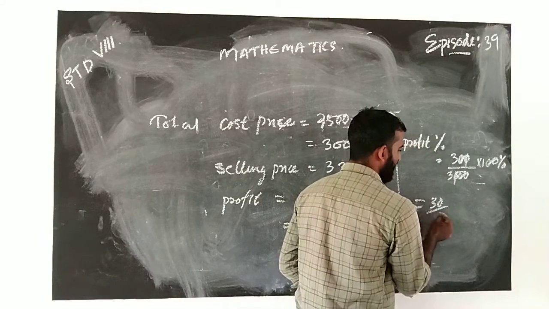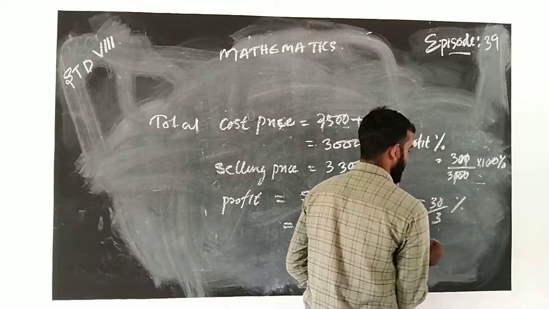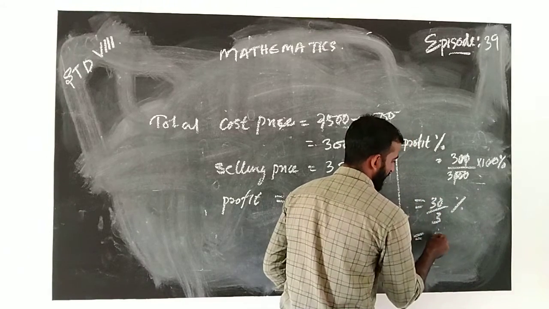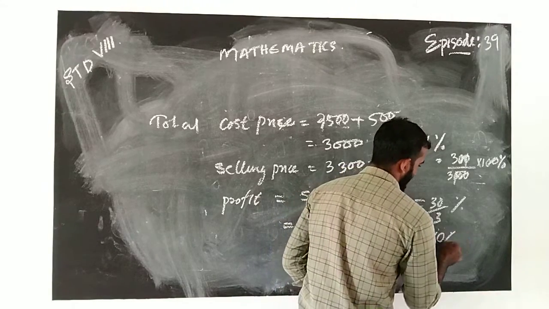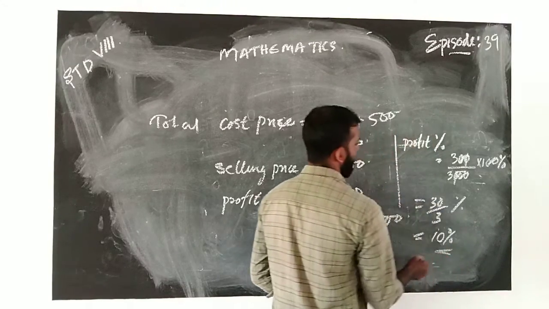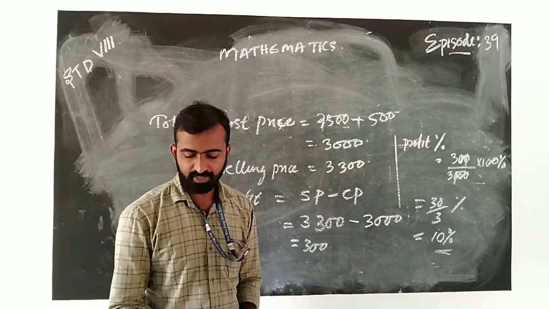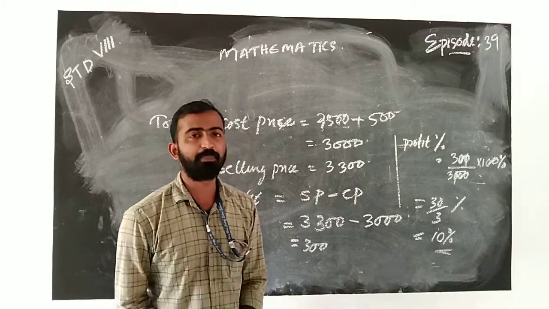That is 30 by 3%, which is 10%. So the answer is 10%.